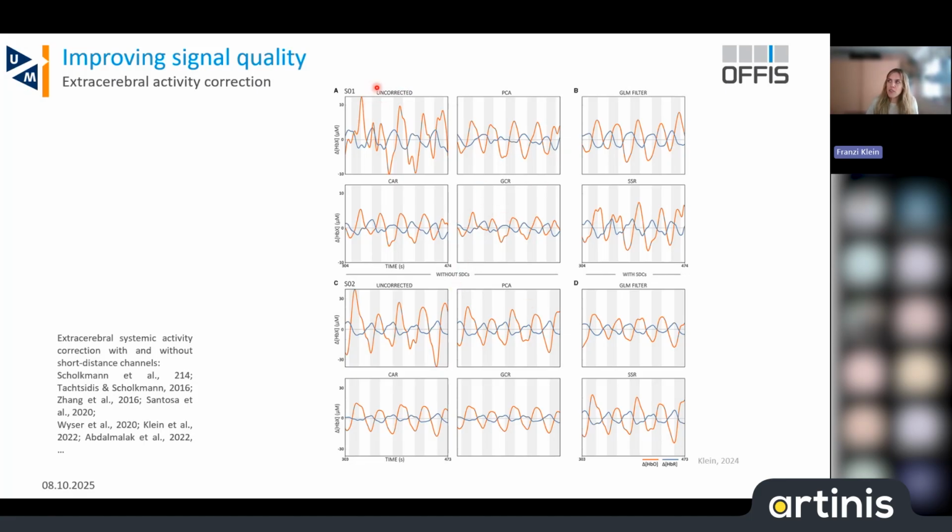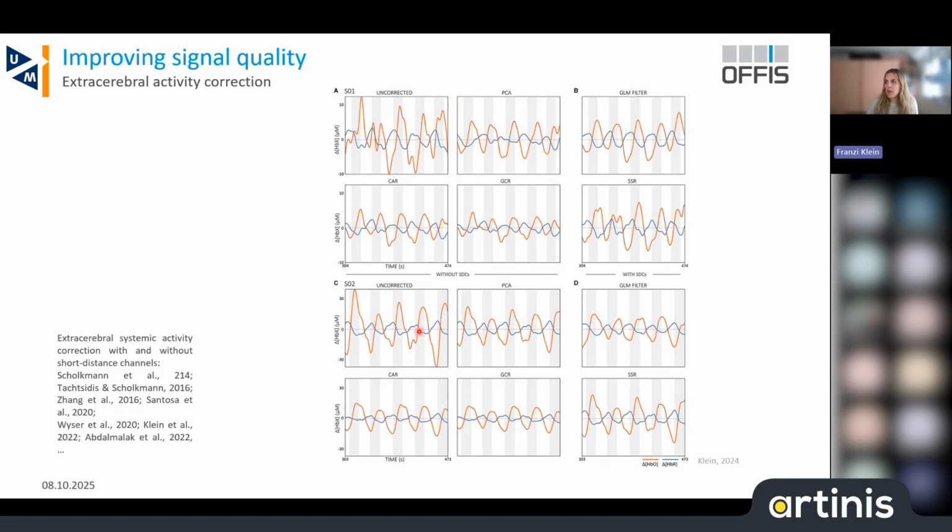As you can see here, for this subject, for instance, you see the uncorrected version. It's a bit more noisy. You have a lot of things going on. You have high amplitudes. You have these double peaks, which we also see quite often. And if we apply the short distance correction using a GLM filter, then you see that afterwards it looks much nicer. So for this subject, it was obviously really a noise component.